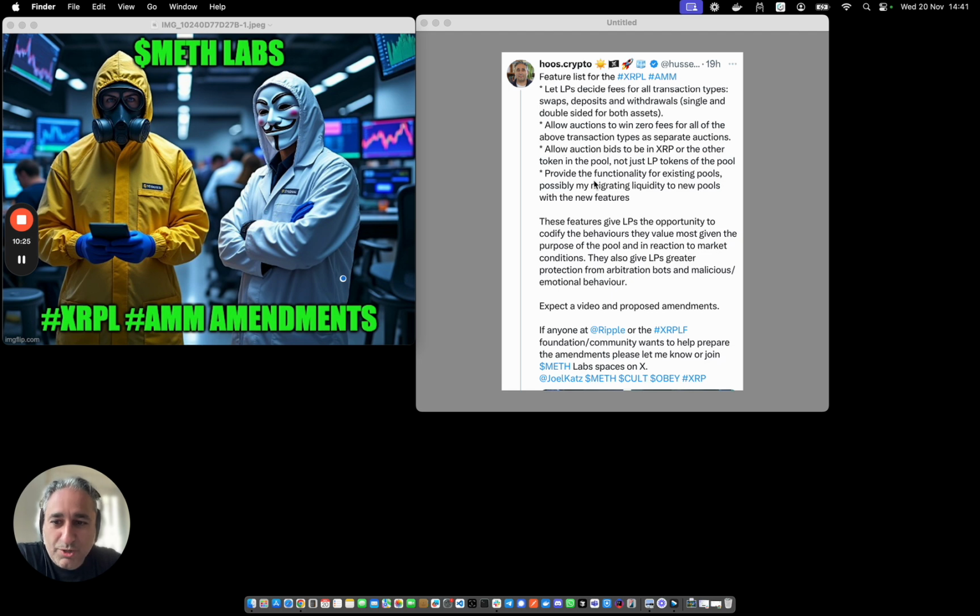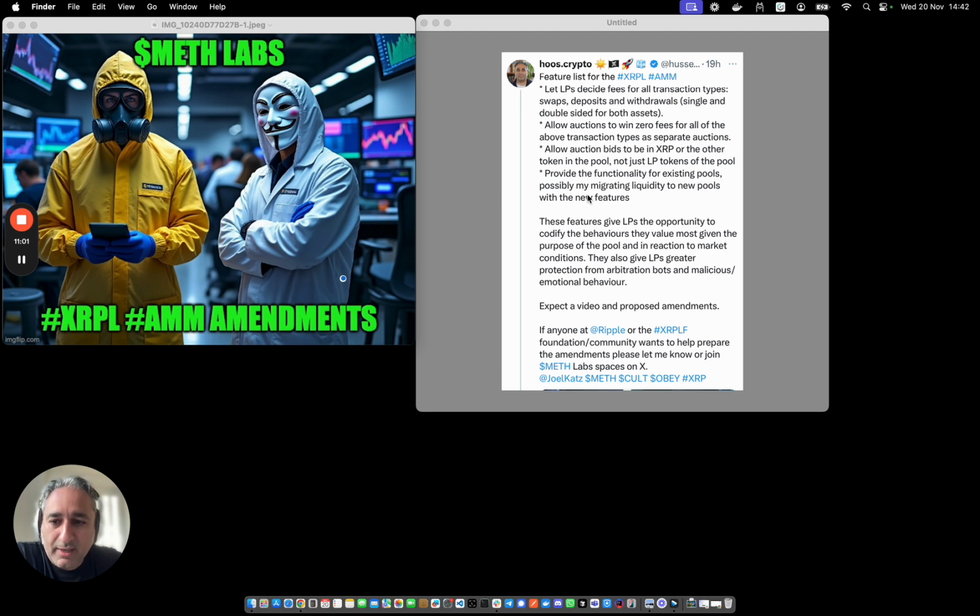Commensurate with this is the auction functionality, which is just not being used at the moment simply because there isn't enough volume or liquidity in the pools to justify it. I'm not aware of really anyone that's using this auction feature. The auction feature gives someone trading against the pool the opportunity to bid for a slot for 24 hours where they will receive zero fees for the transactions that would normally incur a fee, which is swaps and single-sided deposits and withdrawals.